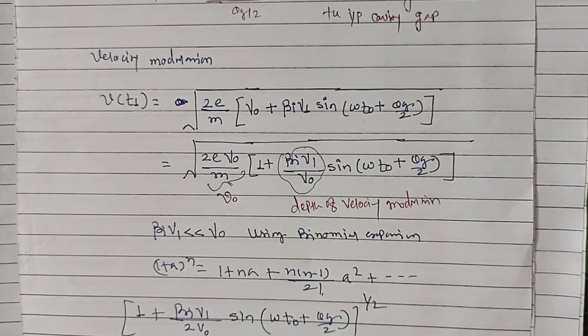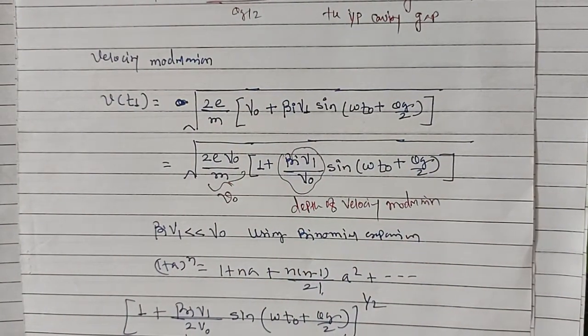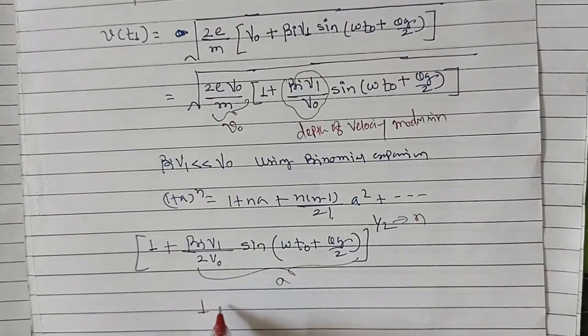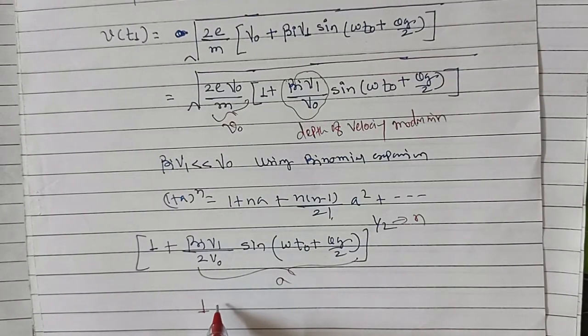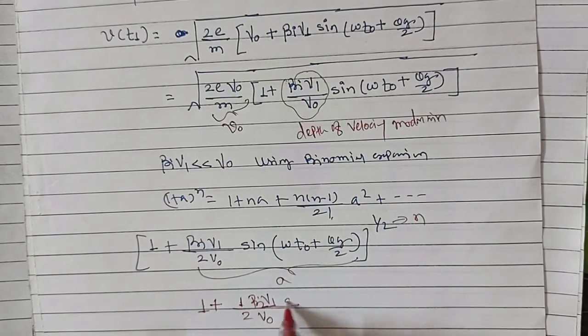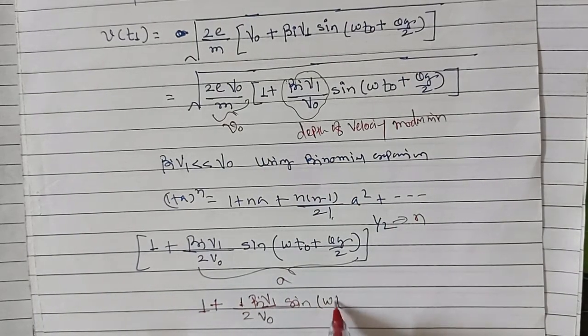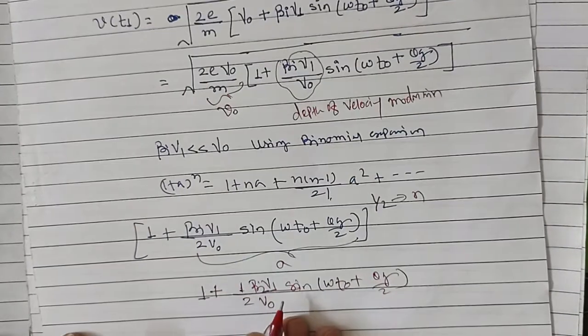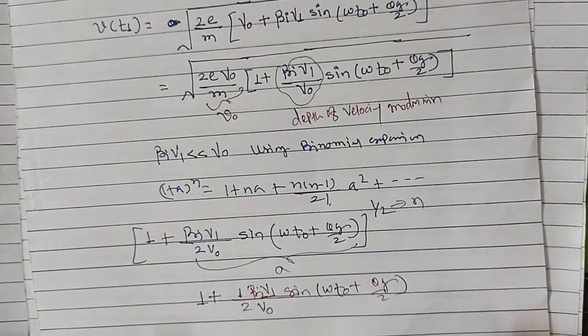Assuming this is a and n is equal to 1 by 2, it would be 1 plus na, so 1 by 2 beta I V1 by V0 sine omega T0 plus theta G by 2.